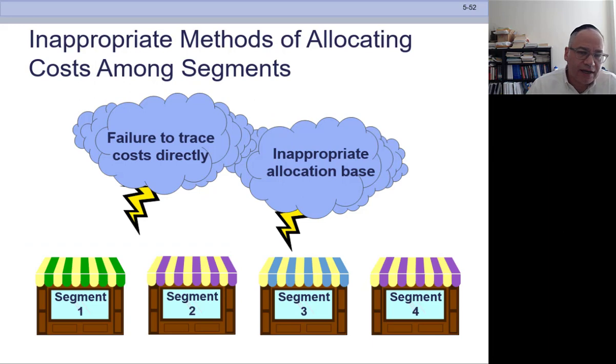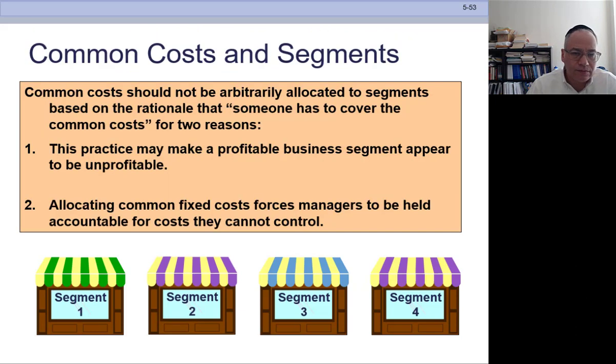And it's easy to mess up an analysis by not properly tracing the costs to the individual segments or by using a bad allocation base. Common costs shouldn't be arbitrarily allocated to the segments. If something is a common cost, then it should be treated as a common cost.